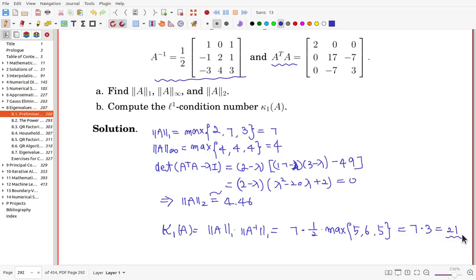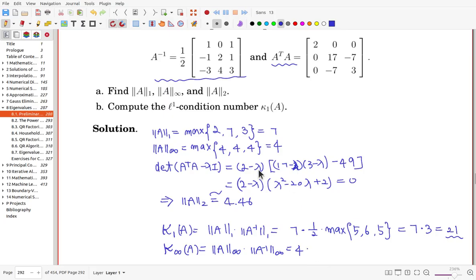Of course, for the infinite norm, you can get the condition number. Let's try to get the condition number in the L infinite norm. So here, the L infinite condition number of A, which must be the A infinite norm times the A inverse infinite norm. We already know the first component, we have 4.